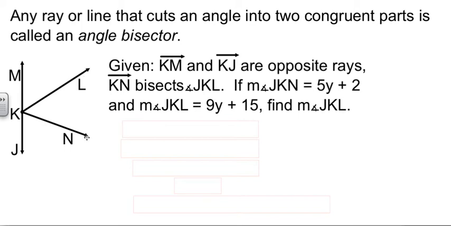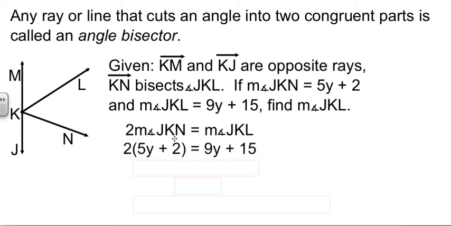Well, if this is a bisector, that means this piece over here is half of the total. Or another way to say it is double this angle. 2 times this one would equal the big angle. Well, we have values for those things. JKN is 5y plus 2. JKL is 9y plus 15.